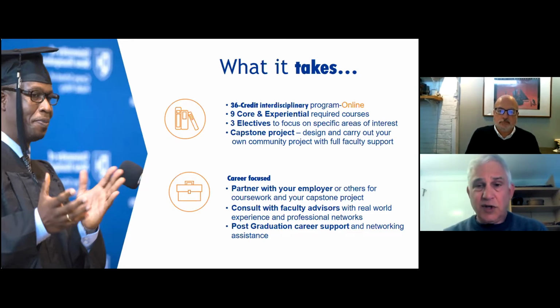The program can be completed in as little as 1 year, depending on whether you take 2 or more classes at a time. People typically don't take more than 2 courses. Frequently, they take 1 course at a time and finish over a period of 2 years. Really, the idea is to have something that fits your schedule so that you're not overloading everything else, because they're pretty rigorous courses.